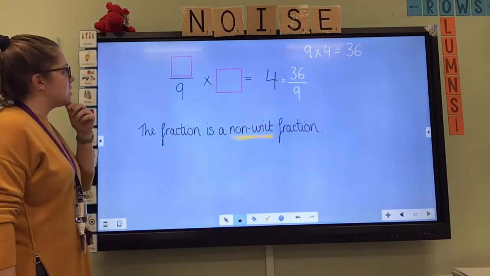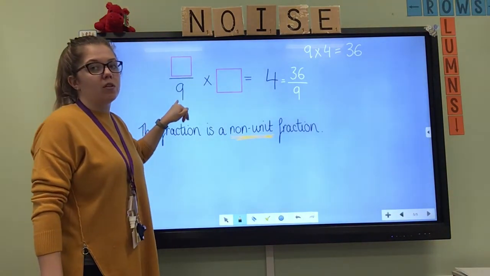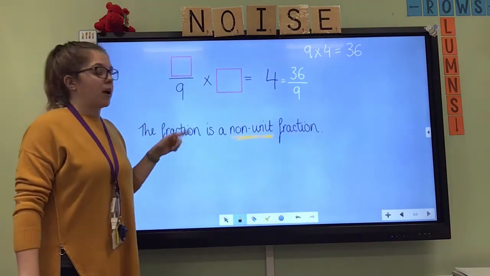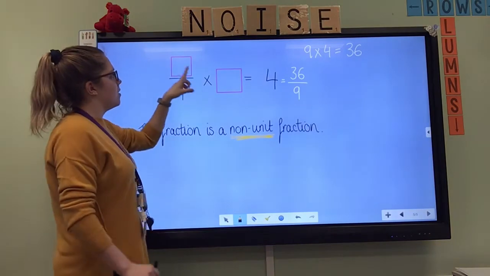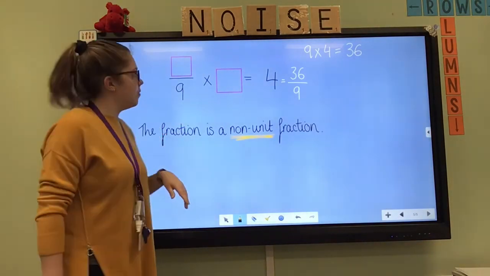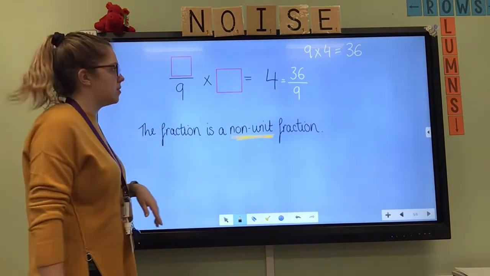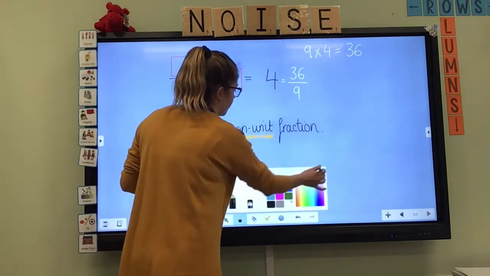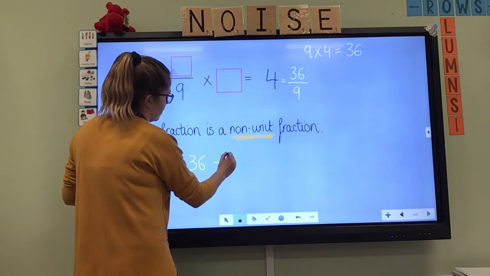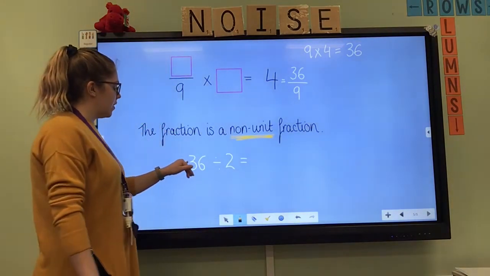So 36 ninths. If we were looking for a unit fraction, we could do 1 times 36 to get 36 ninths, couldn't we? What if we're doing 2 ninths? How many lots of 2 ninths would go into 36? And what we can do for that, we can think 36 divided by 2. What's half of 36? I'm going to partition this.